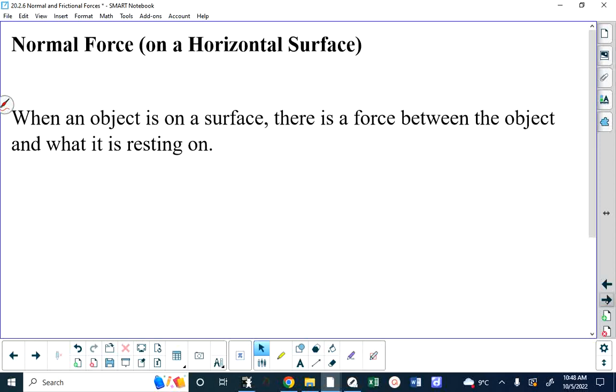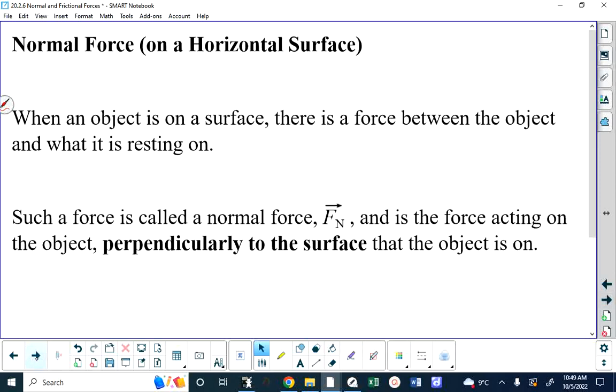But there will be less force between the surfaces here than there is here. So we want to be very careful as we move forward to note that the amount of normal force actually depends on the angle of the surface. Okay? That force, which is called a normal force, is the force acting perpendicular to the surface.